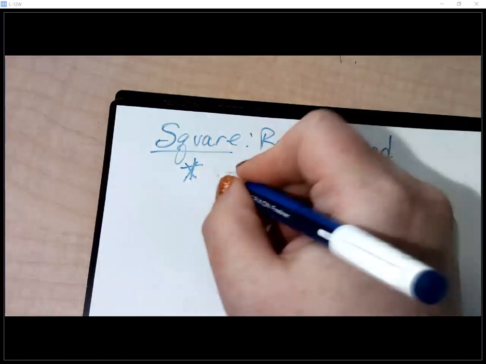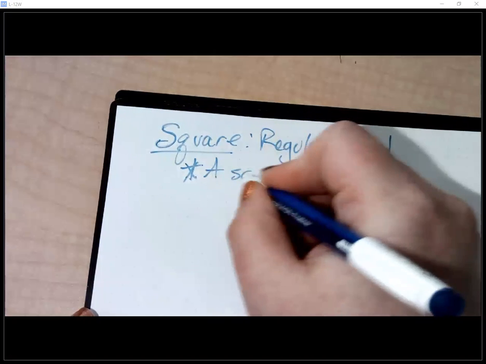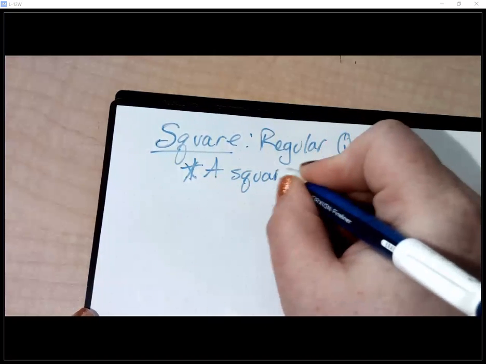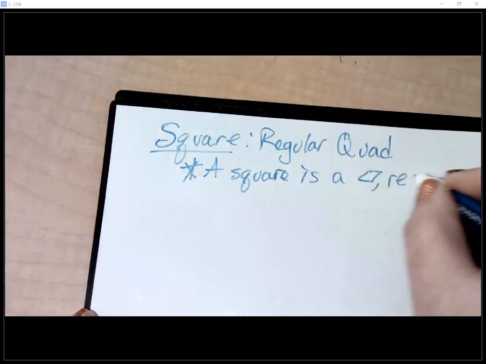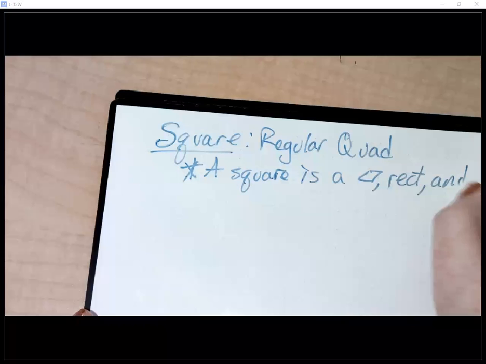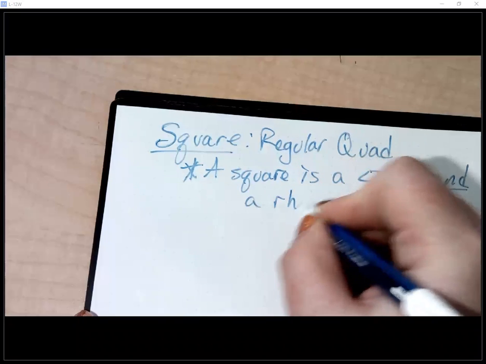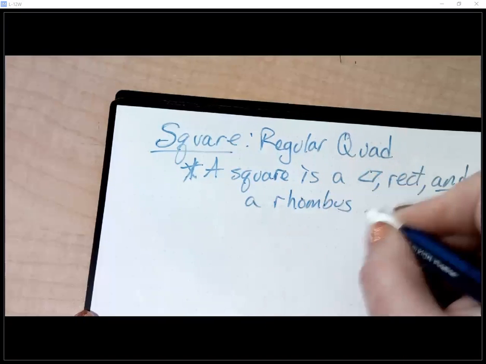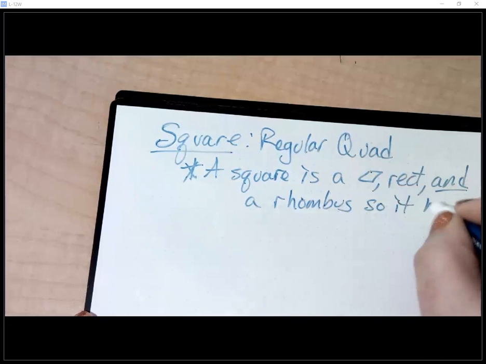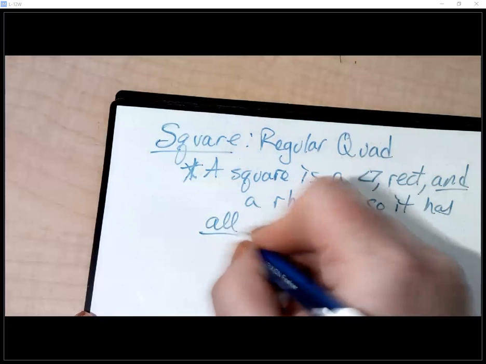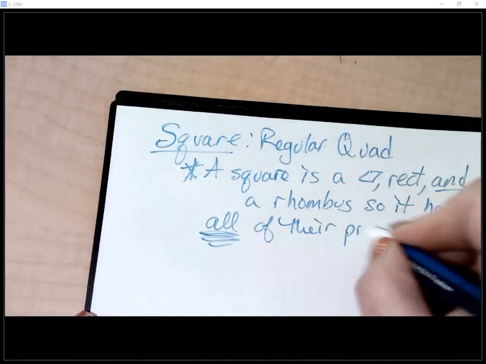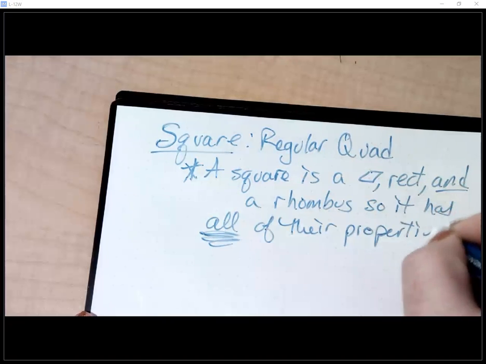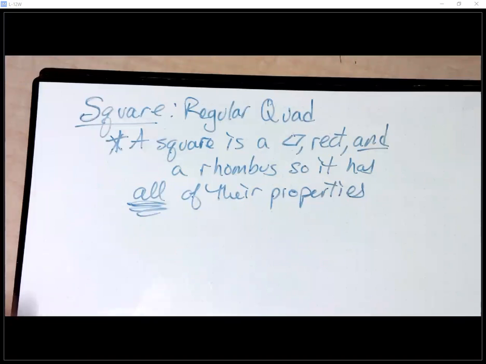A square is a parallelogram, a rectangle, and a rhombus. So it has all of their properties. It doesn't have any unique ones to bring to the table. It just has everybody else's.